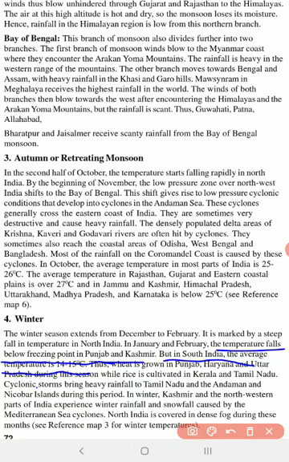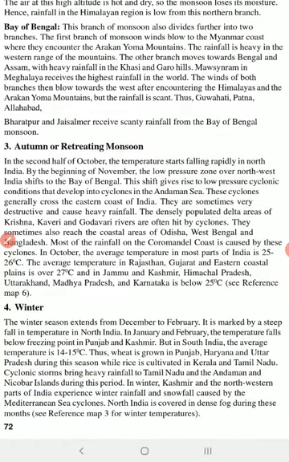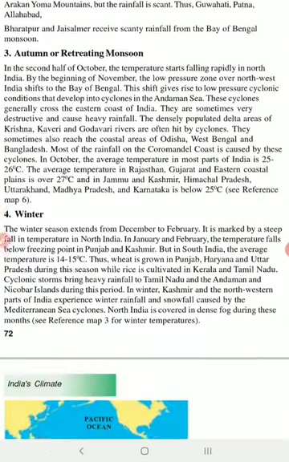Now we also have a little bit of rainfall because of the cyclonic storm at the Bay of Bengal. So in winter, Kashmir and northwestern parts of India experience winter rainfall and snowfall caused by the Mediterranean Sea cyclones. Right now North India is covered in dense fog during these days. You can see the map 3. So with that we complete the seasons.